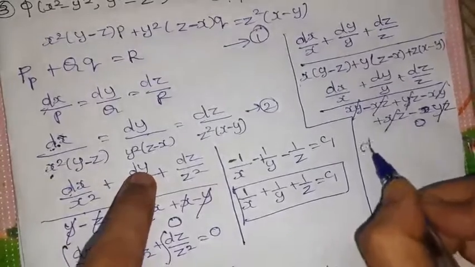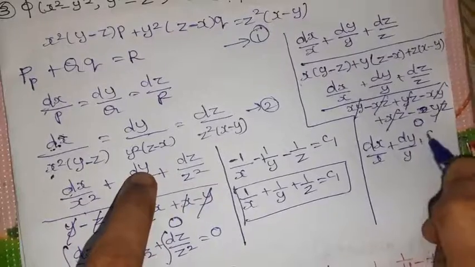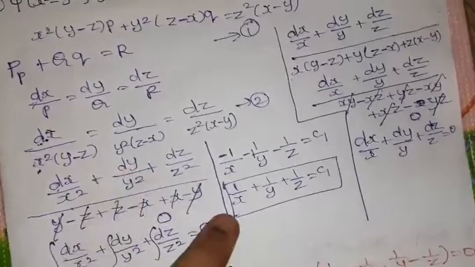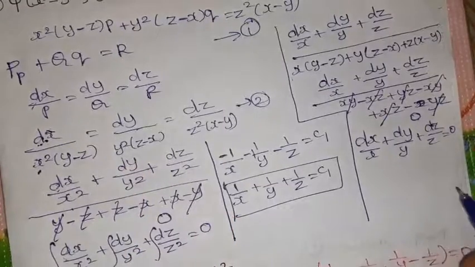So dx by x plus dy by y plus dz by z equal to 0. Then what do we need to do? We need to do this one.